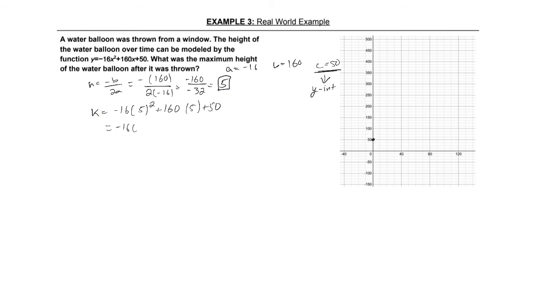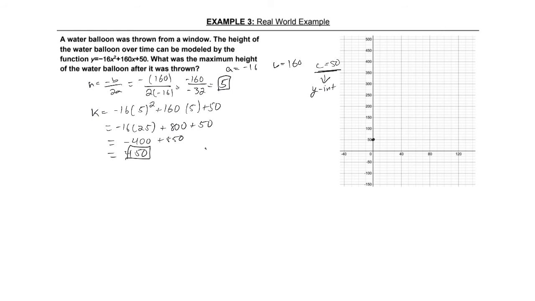So negative 16 times 25 plus 160 times 5 is 800 plus 50. So we get negative 400 plus 850, which equals 450.